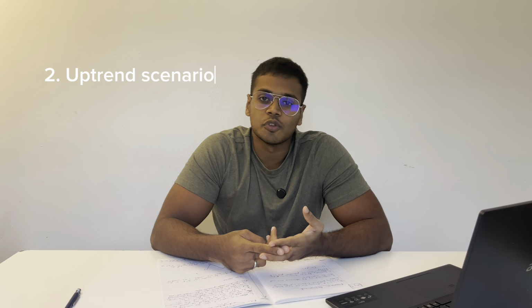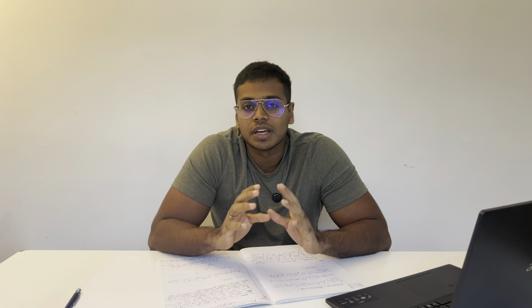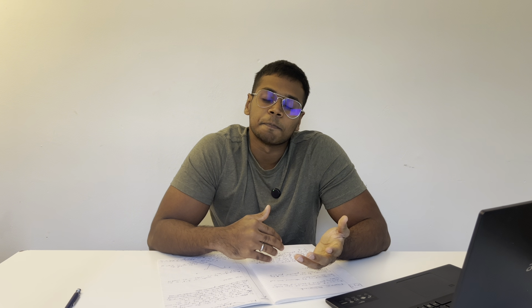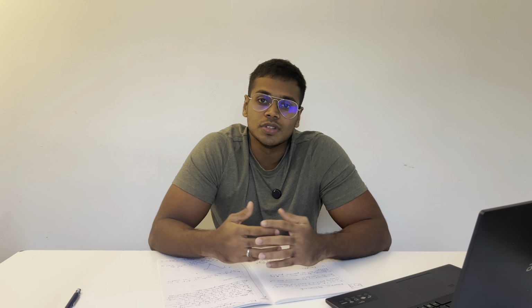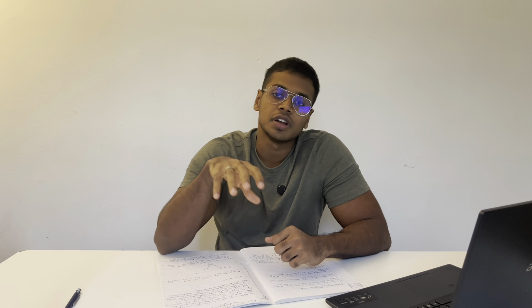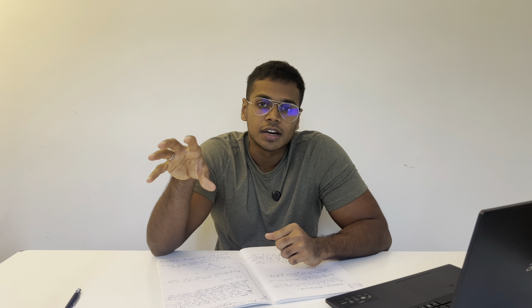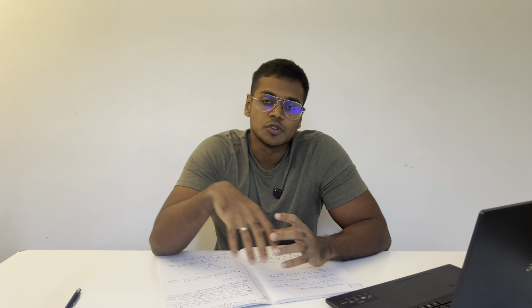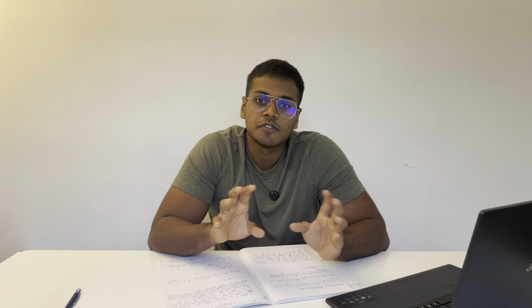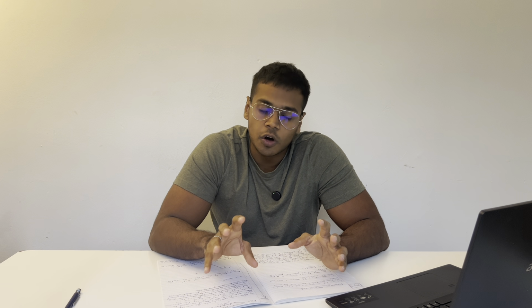The second scenario would be if the market is in a downtrend, and it starts making higher highs and higher lows, we could see how long the uptrend would continue before going into a downtrend. So basically, those are the two scenarios we could use the Fibonacci retracement tool for.